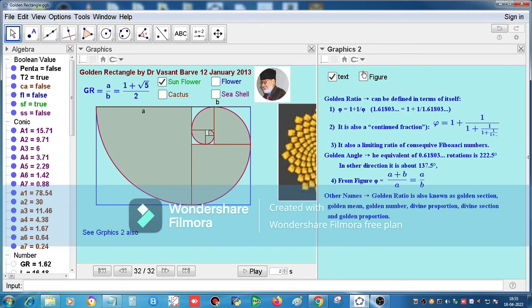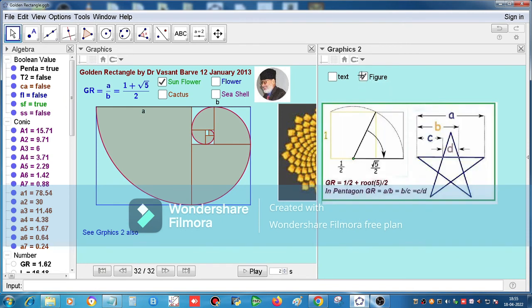Now this regular pentagon, let us have a look at it. See, you have a regular pentagon here. Now if you join these sides also, then please note that you have a number of golden ratios. You see, you have this A and B. So A and B are in golden ratio.